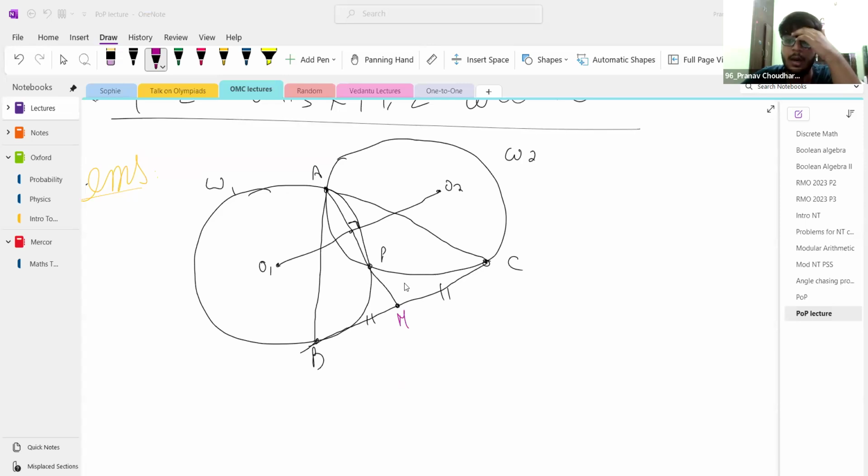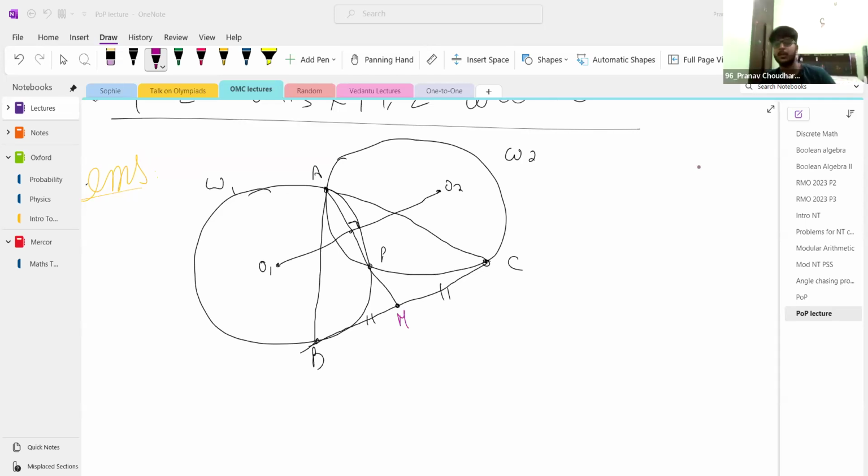Okay. Swasti, can you tell me something nice about M? Not sure. Try to take a random guess. M lies on BC, so MB and MC are tangents, right? Yeah.